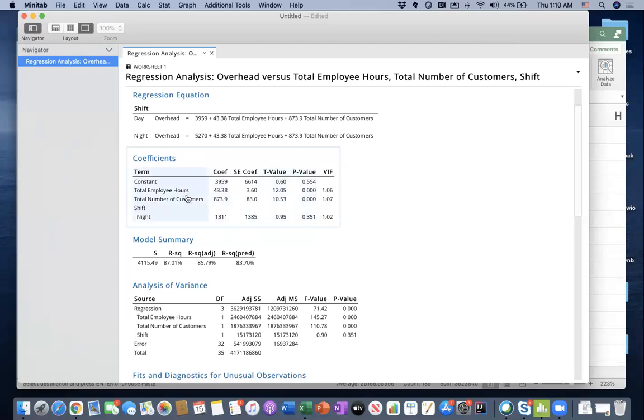In this case, we keep total employee hours and total number of customers in our equation, but the shift variable has a p-value of 0.351, which is greater than our alpha value, 0.05. We therefore take this out. What does this mean? It means that the shift variable does not have enough statistical evidence to be significant in determining your overhead cost.